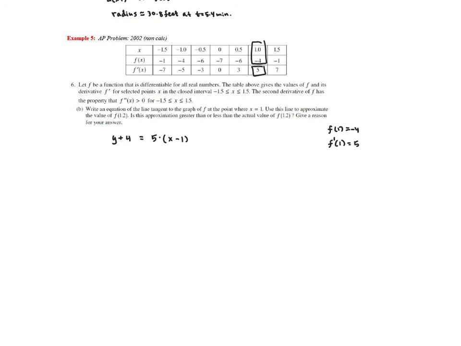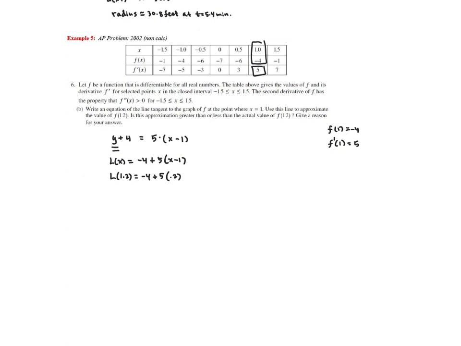Use this line to approximate the value of f of 1.2. Okay, so I'm going to take and rewrite y as L of x. Subtract the 4 over, add it to 5 times the quantity x minus 1. So you can see the linearization model take shape. So f of 1.2 is approximately the same as L of 1.2, which is negative 4 plus 5 times 0.2.